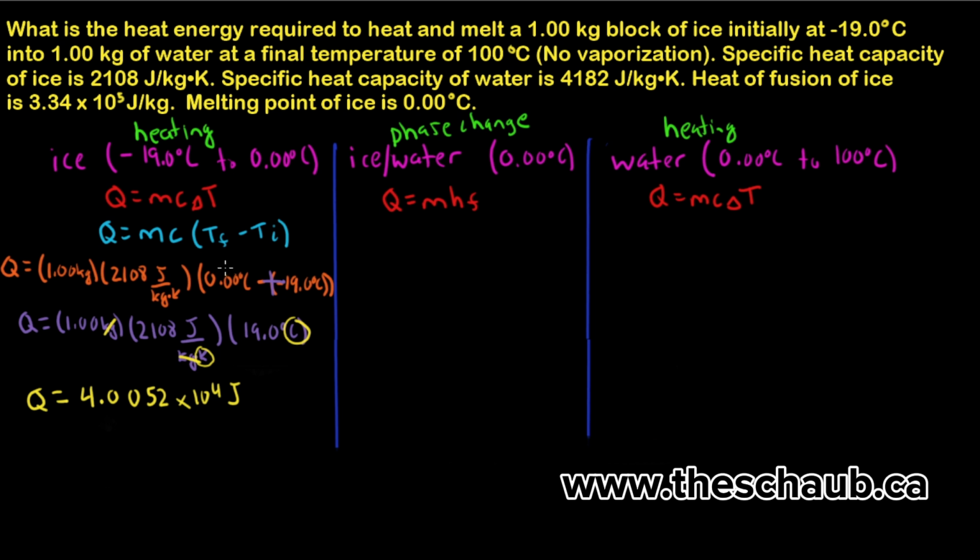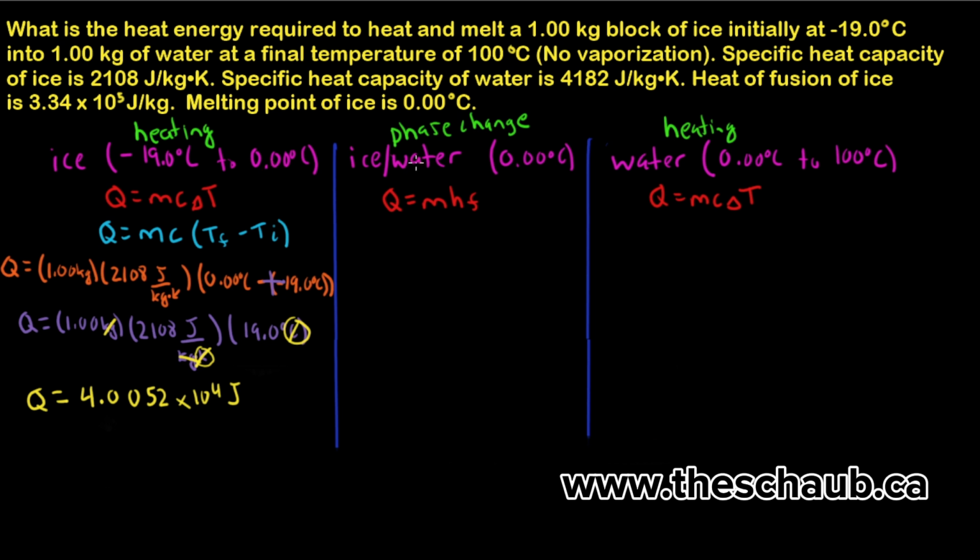And if we were to add 273 to both of these values and then subtract them, we'd still get the same number here. So in these cases, we can cancel Kelvin and Celsius, leaving us with our heat energy in joules required to heat ice from negative 19 degrees Celsius to 0 degrees Celsius.